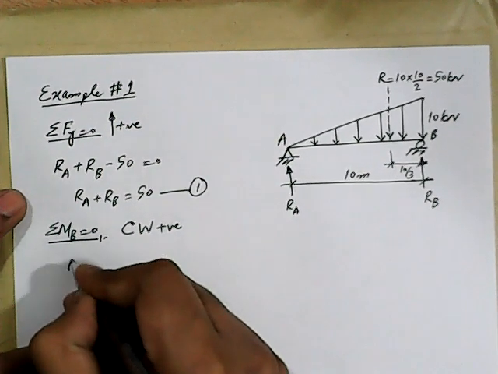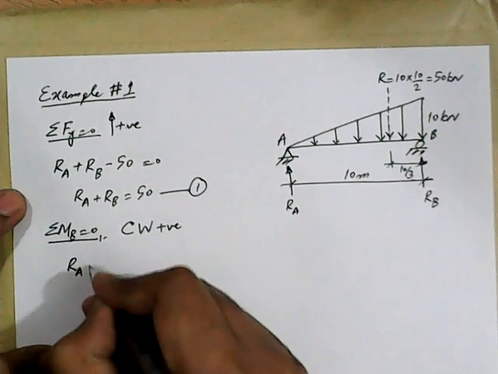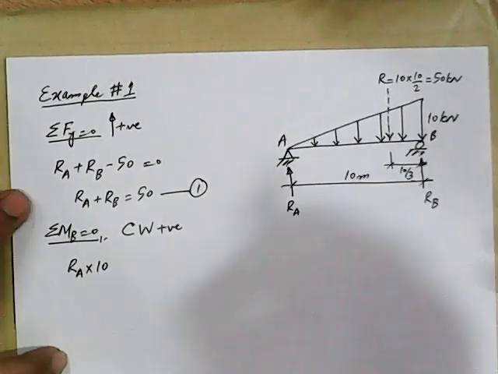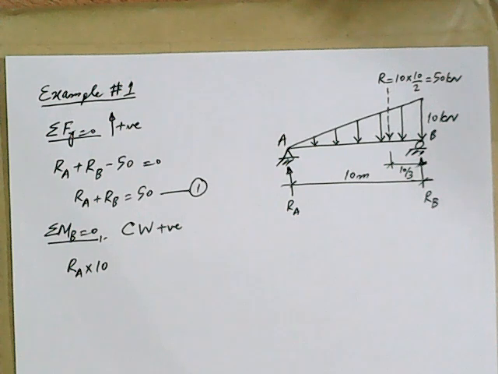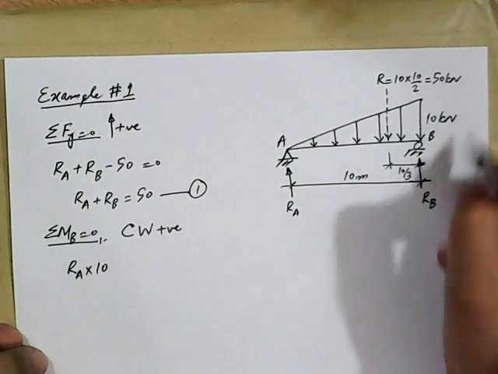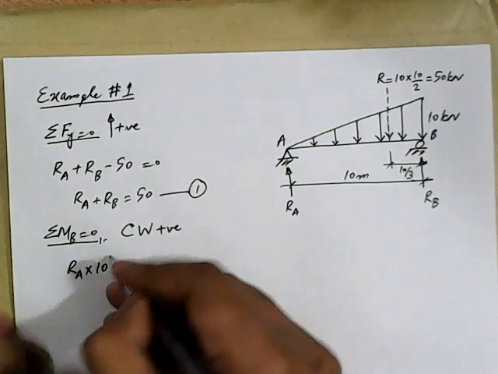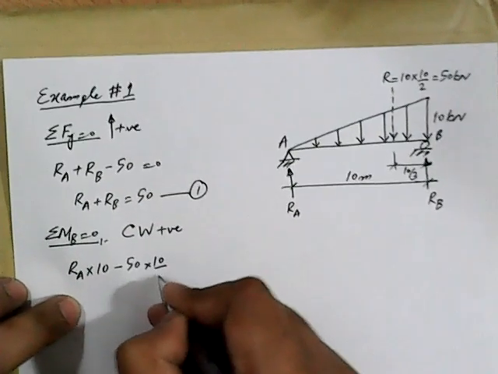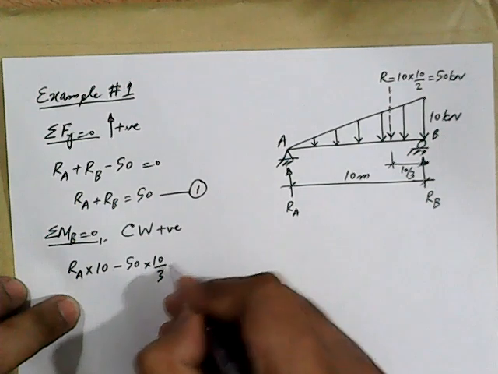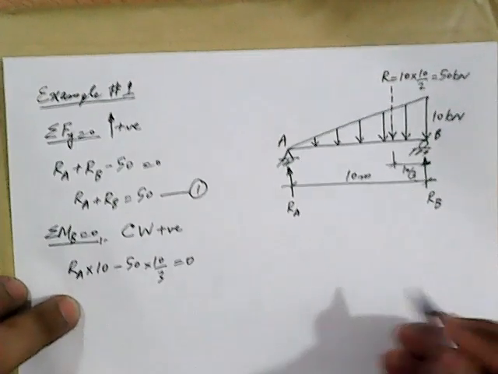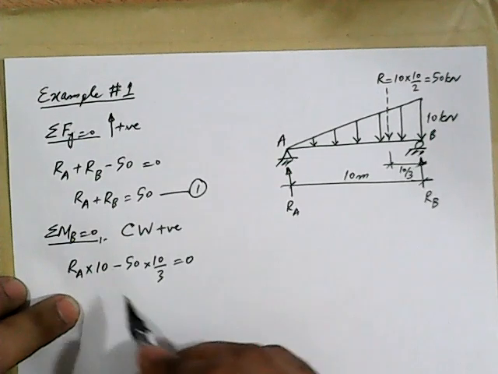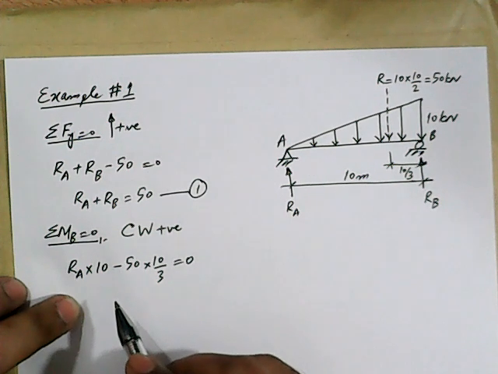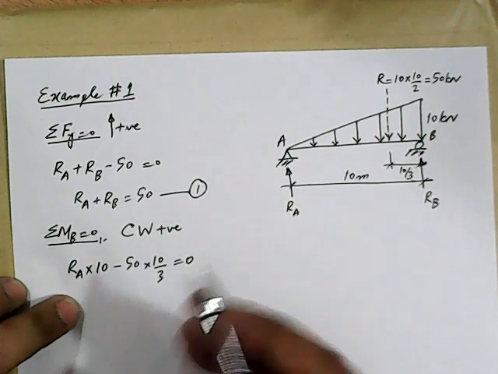We do not know the magnitude of RA, so RA into 10. Then this resultant 50 kilonewton force will produce moment in the counterclockwise direction, so minus 50 into 10 by 3, and this should be equal to 0. We have only one unknown in this equation, and that is RA.